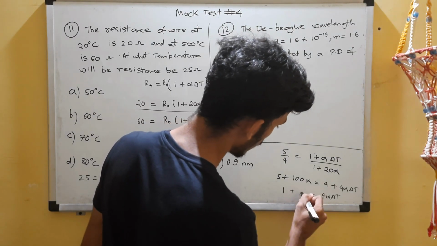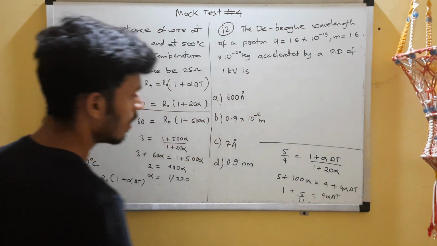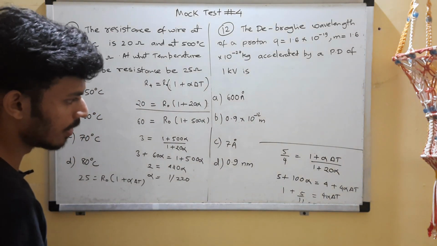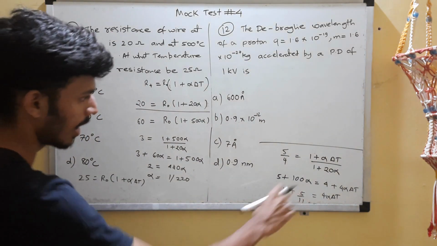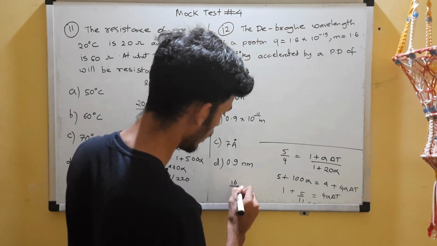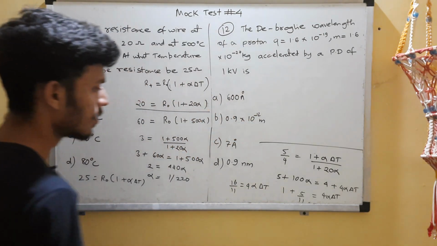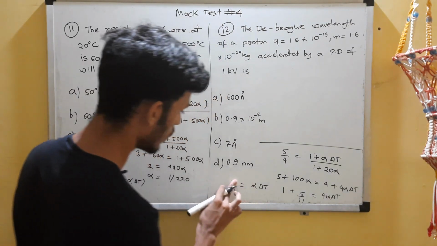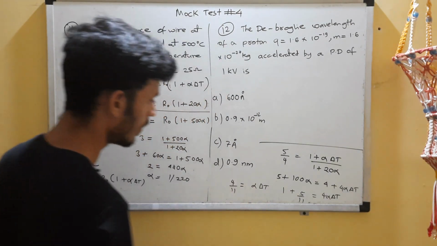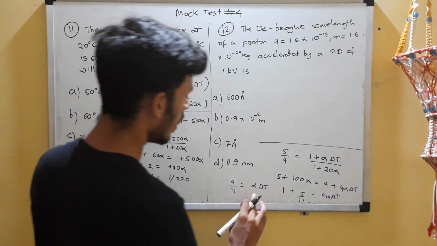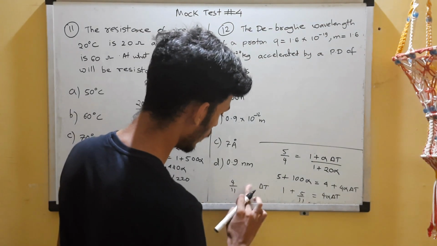5 by 11 plus 1 is 16 by 11. And 16 by 11 is equal to 4 alpha delta T, right? So 4 and this will cancel as 4. So 4 by 11 is alpha into delta T. Finally, we can bring this alpha to the other side.